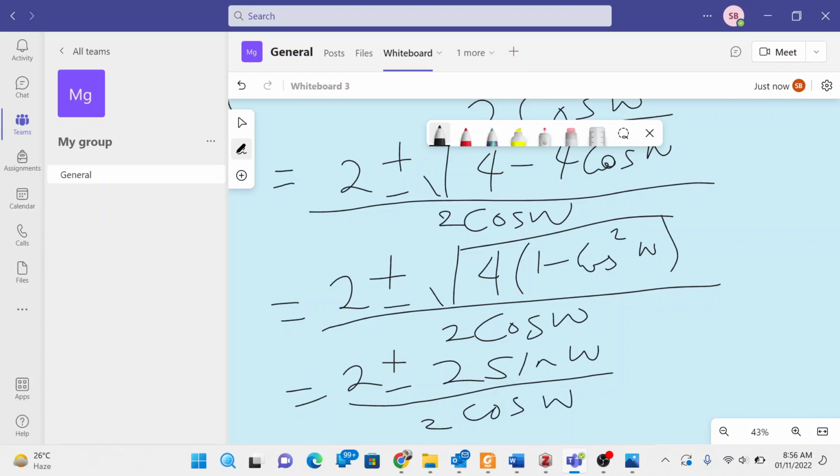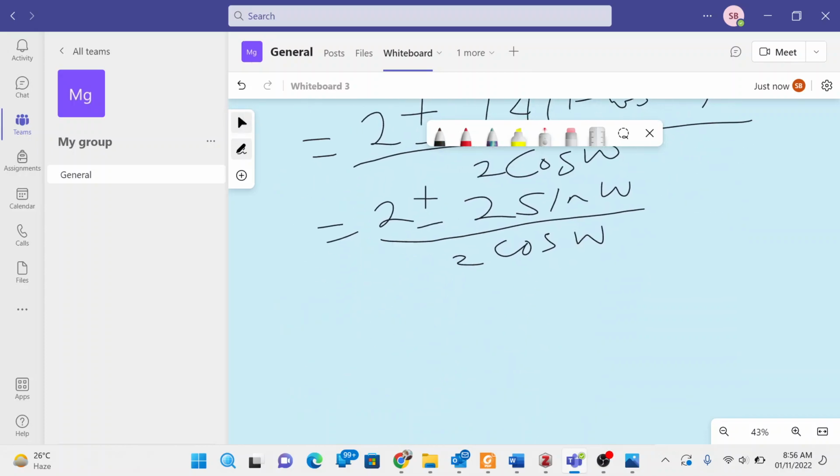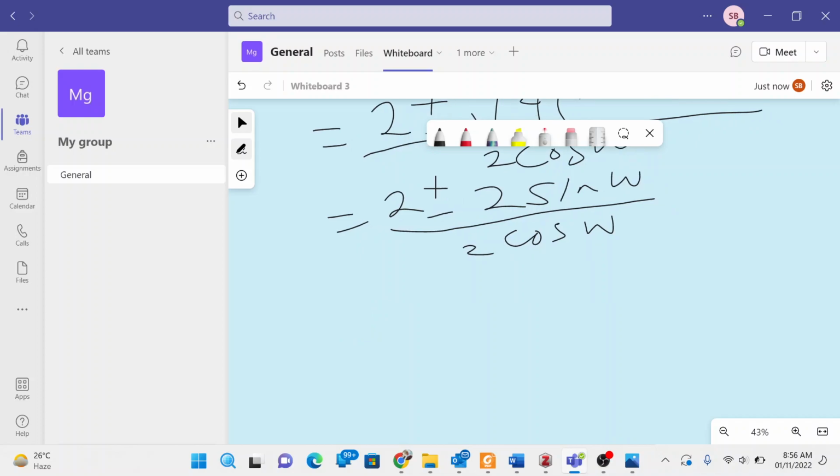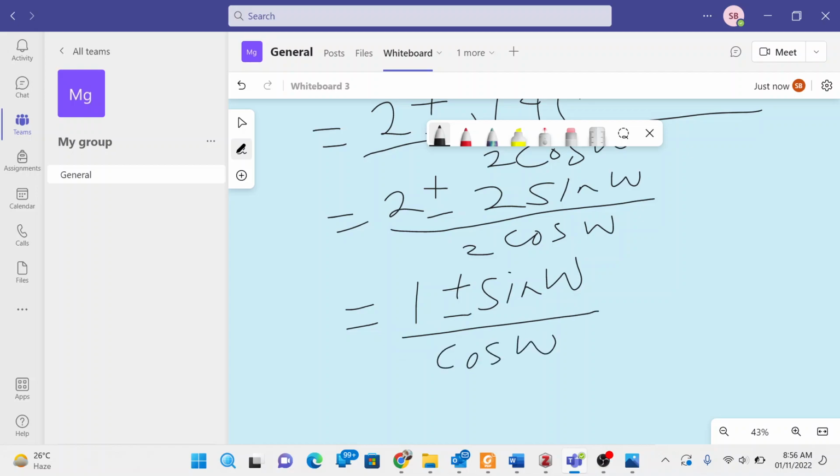So if these two cut, you're going to be left with a will now be equal to 1 plus or minus sine omega all over cos omega.